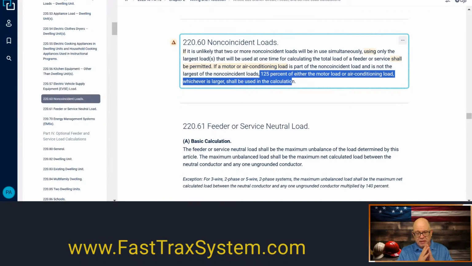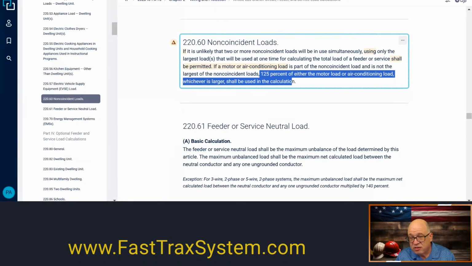So what that means is, if I'm comparing heat and the AC, and the heat is greater than the AC, which in our case it was 4,867 for the heat, but the AC was 4,393. But the largest motor that we have in this entire building is the air conditioning compressor. It's the largest. So what you need to do is take that largest motor at 125% plus the sum of the other loads that are associated with it.